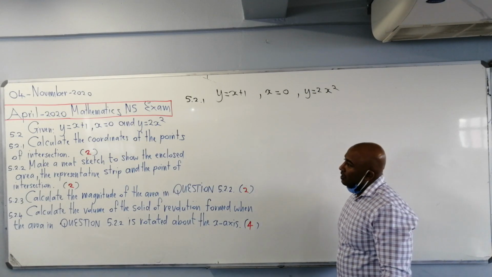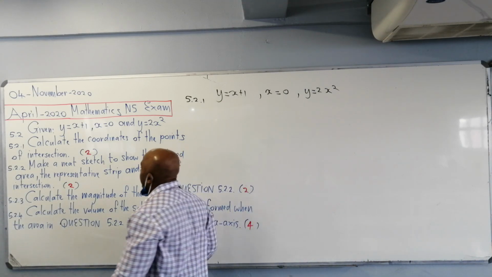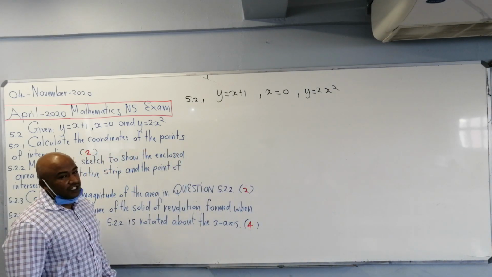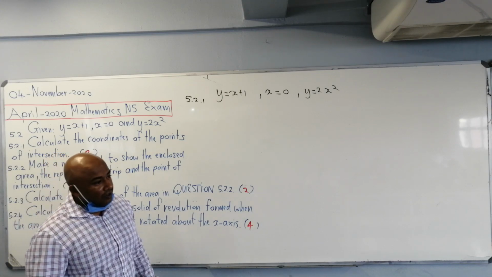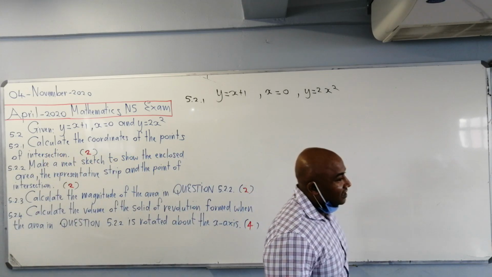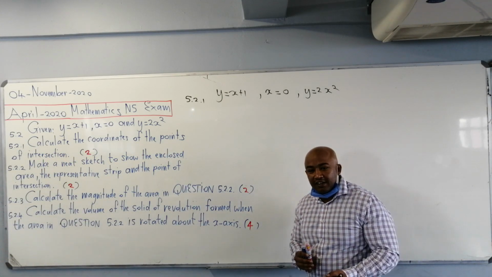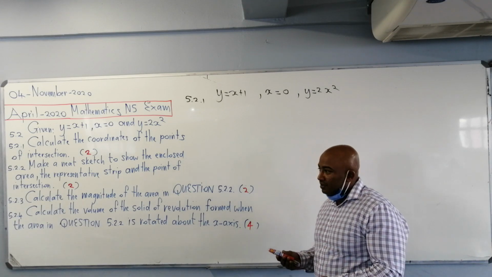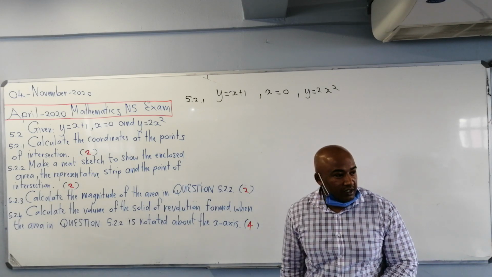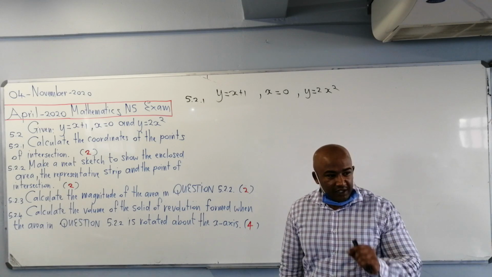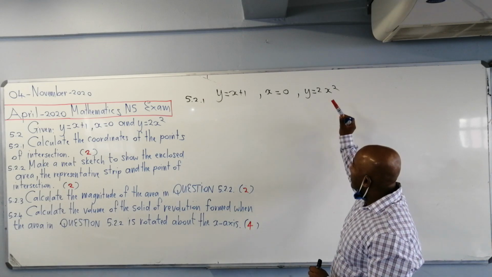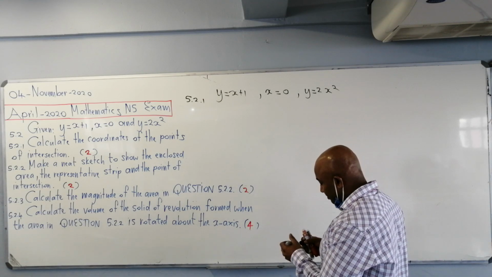Now, calculate the coordinates of the points of intersection. We should have an idea of how these graphs are going to look even before you work out the points of intersection. And you should be familiar with this, it is a parabola.